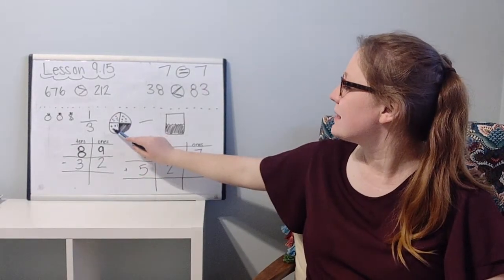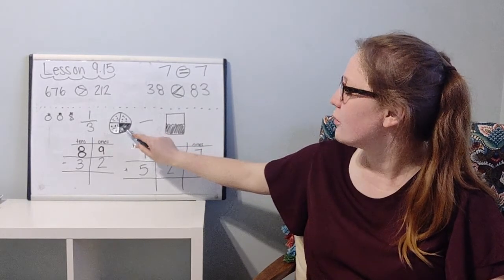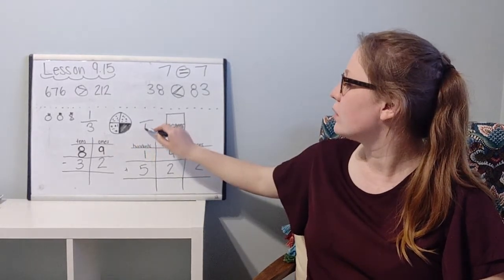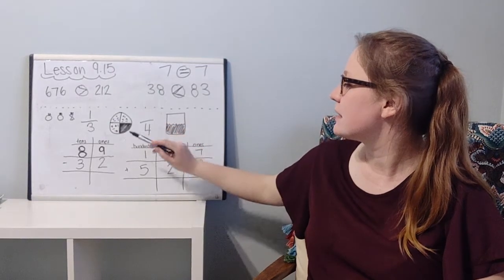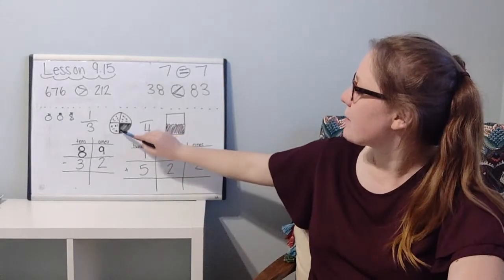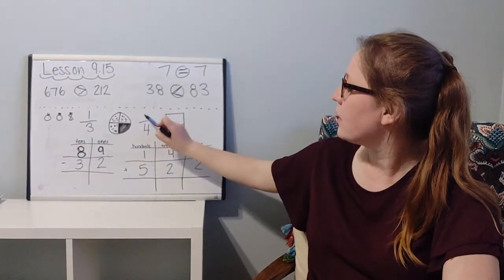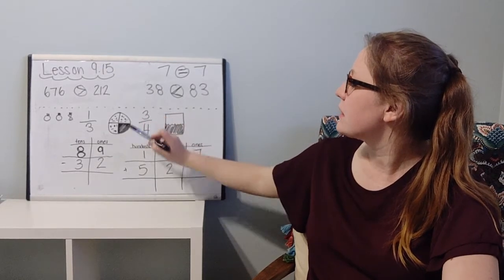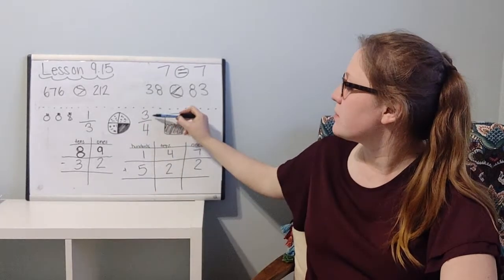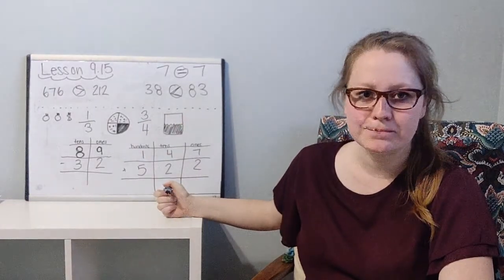So my pizza is divided into 1, 2, 3, 4. There were 4 pieces of pizza, and I'm looking for how many are left. So let's see how many were not eaten. 1, 2, 3. 3 slices of pizza are left, which means 3/4 of the pizza is left.